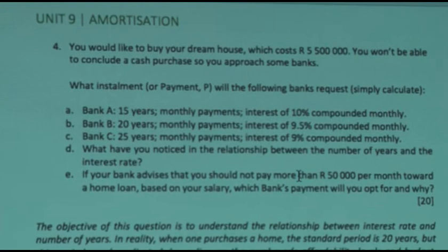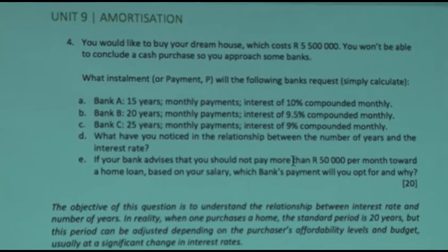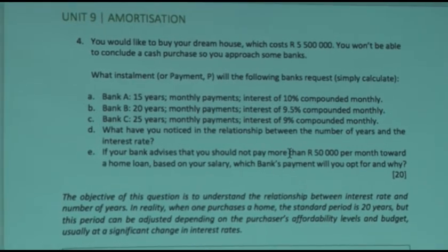Amortization example. You would like to buy your dream house, which costs 5.5 million. You won't be able to conclude a cash purchase, so you approach some banks, right? So you go to 3 banks, Bank A, Bank B, Bank C, and you ask them for 5.5 million, right? And this is what they tell you.